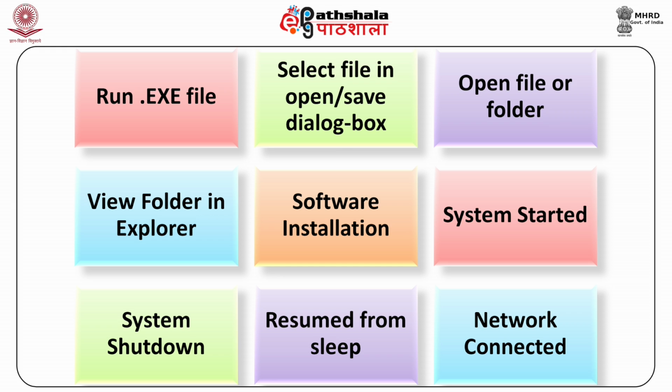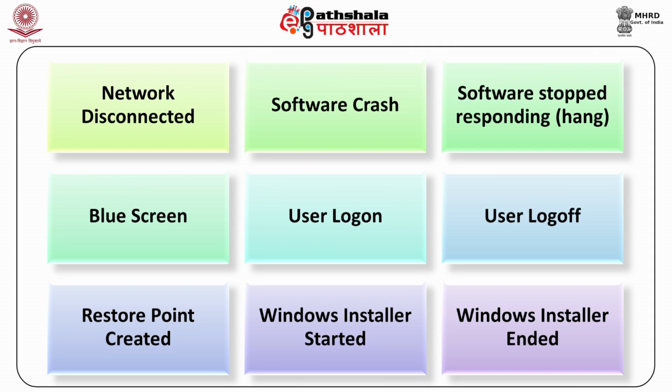Resumed from sleep. The computer has been resumed from sleep mode. Network connected. Network connected after previously disconnected. Network disconnected. The network has been disconnected. Software crash. The specified software has crashed.